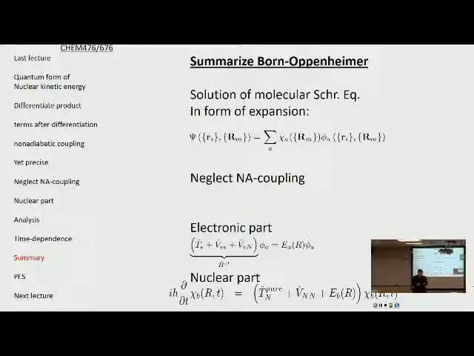Let's generate average positions of nucleus based on Newton's equation of motion, which is exponentially simpler than anything quantum.